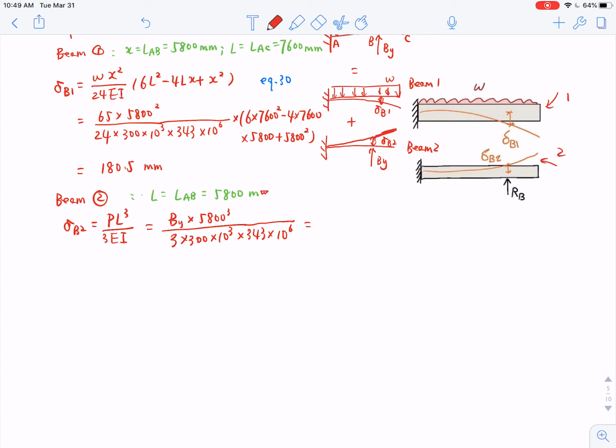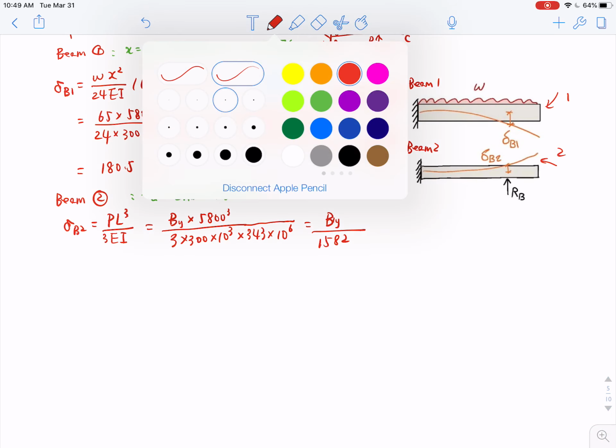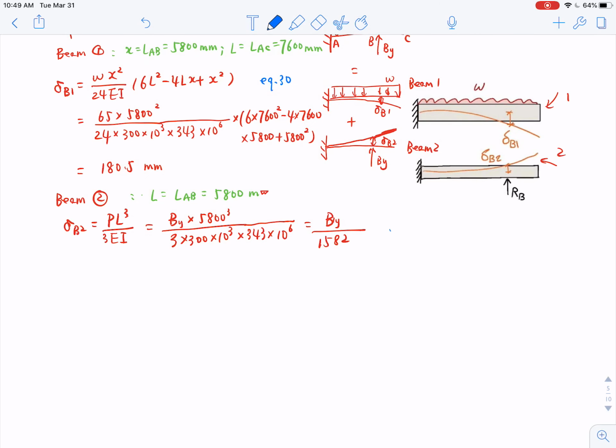Okay, here you will get BY over 1582. Of course, here we use the equation 20. Okay, so far we're done with step 3. Then we're coming to step 4 to analyze the compatibility.